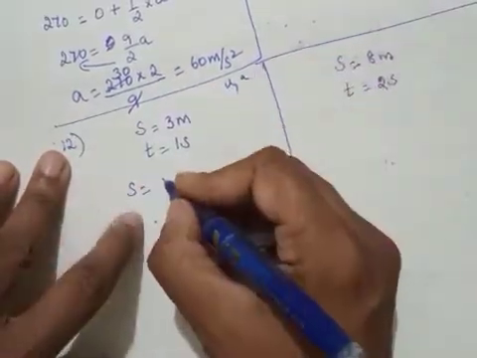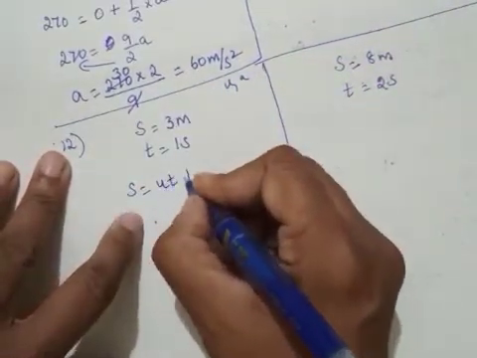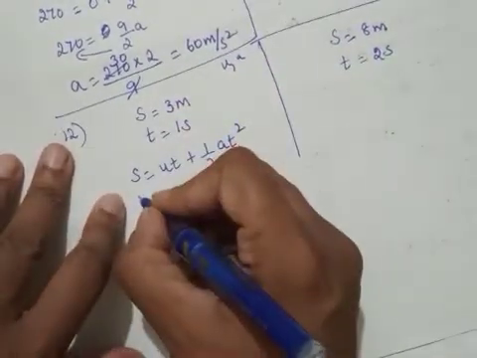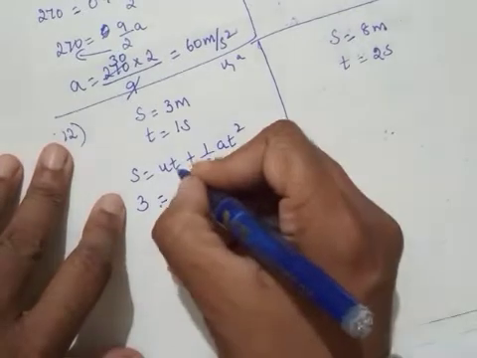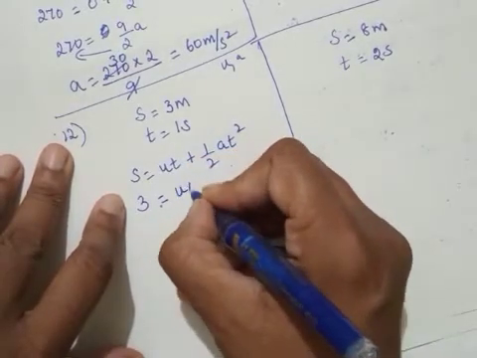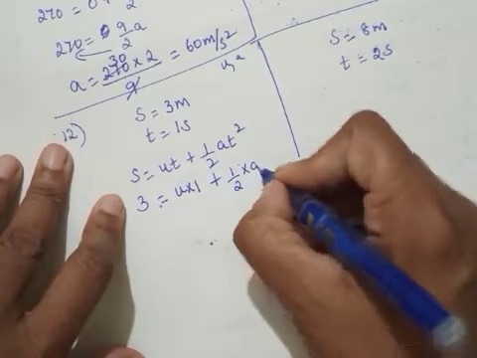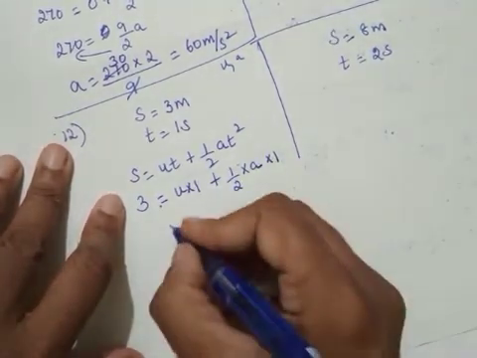So which equation will you use? Second equation, ut plus half at square. So S will be 3, U we don't know, T you take as 1, plus half A we don't know, T again 1.